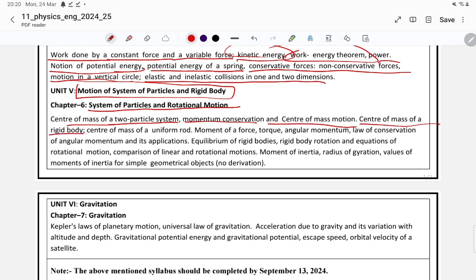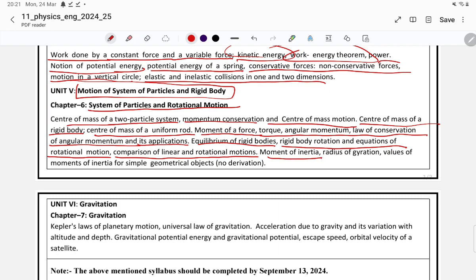Center of mass of a rigid body, center of mass of a uniform rod, moment of force, torque, angular momentum, law of conservation of angular momentum and its application, equilibrium of a rigid body, rotation and equations of rotational motion, comparison of linear and rotational motion, moment of inertia, radius of gyration, values of moments of inertia for simple geometrical objects, no derivation.